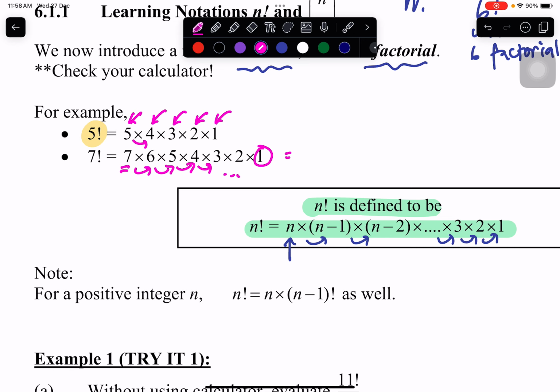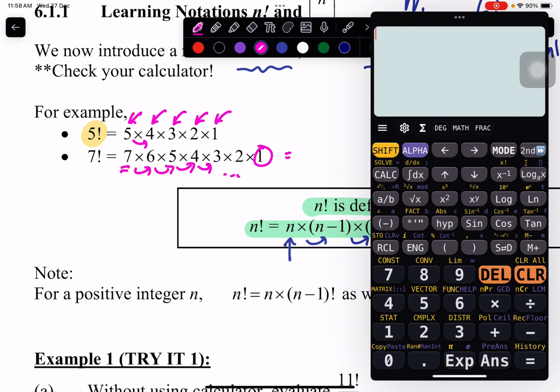Press 7 and then press shift, and look at the exclamation mark on top of x power negative 1, and you should be able to obtain your answer. In this case, the value of 7 factorial is 5040.